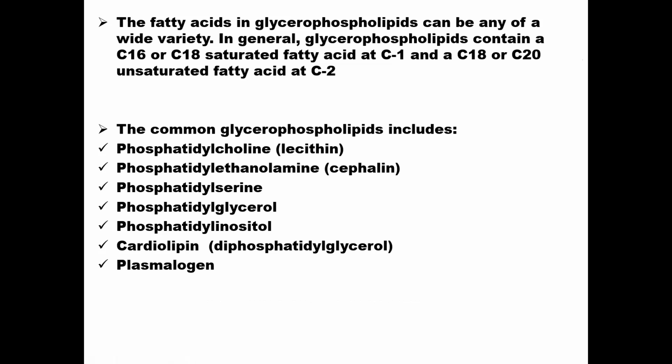At carbon 2, you can have an 18 carbon or 20 carbon unsaturated fatty acid. You have 3 different types of 18 carbon unsaturated fatty acid: one with 1 unsaturation, another with 2 unsaturations, and another with 3 unsaturations.